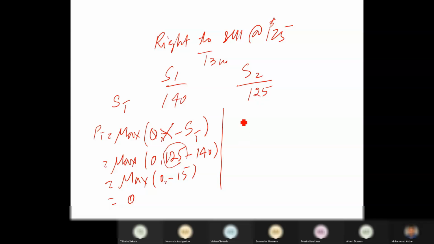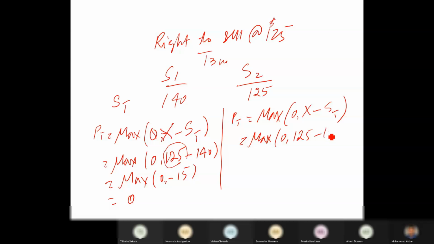In the second case, if I look at the equation, I will have a situation where I have X greater than the ST, and that is why it will be beneficial. So I will be having maximum of 0 or 125 minus 120. So if I do this, it is maximum of 0 or 5, so it will be 5. Yes, it is beneficial.